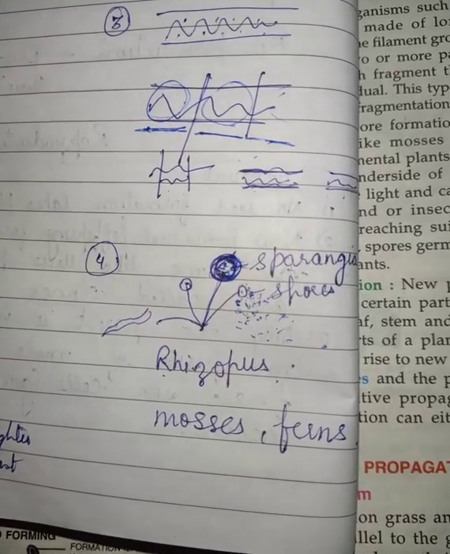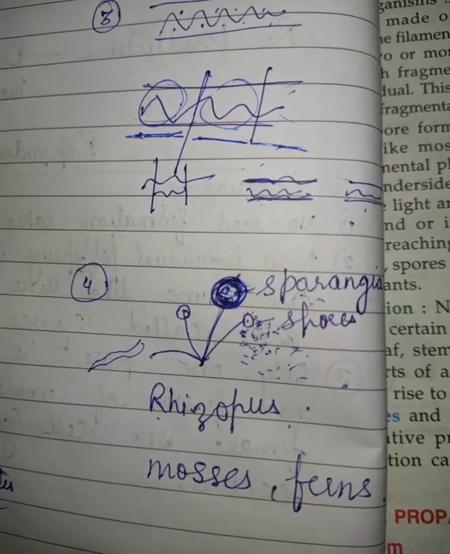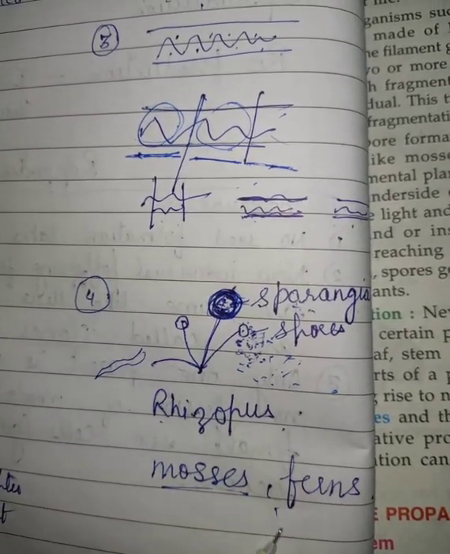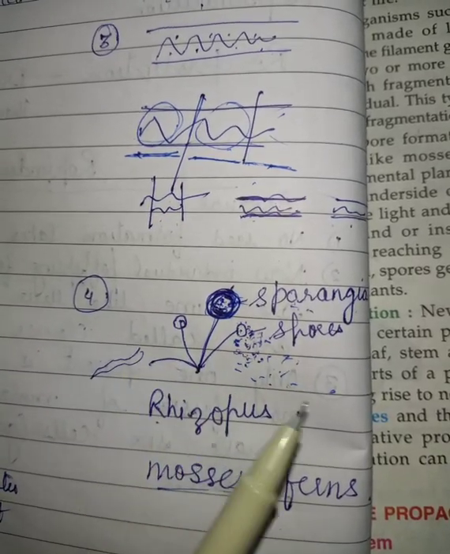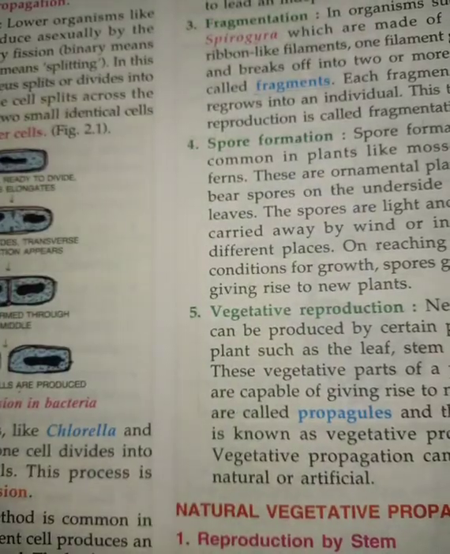Where they are flying, if they get conditions to develop, they develop. Mainly it occurs in mosses and ferns. And the diagram that I am showing you, having the sporangia, is Rhizopus.